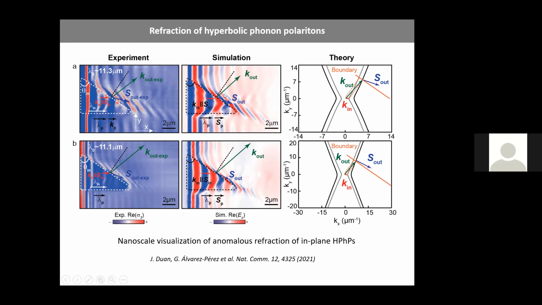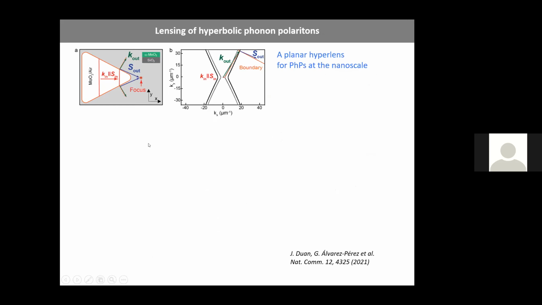This is the numerical simulation, and this is again the projection to the boundary condition and so on. We change the wavelength, and by changing the wavelength, we can make this angle really perpendicular to the K vector, so super perpendicular to the normal of the boundary.